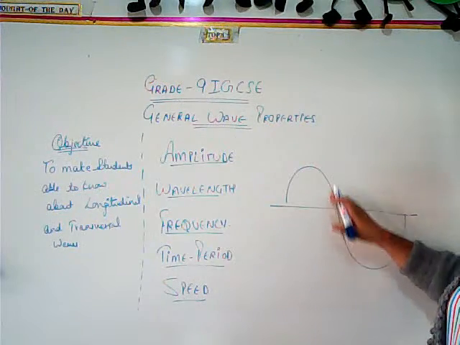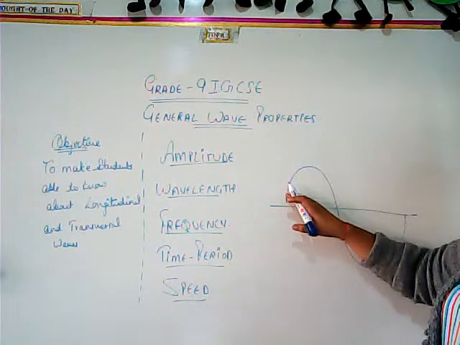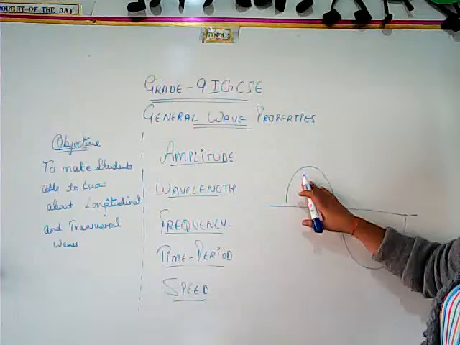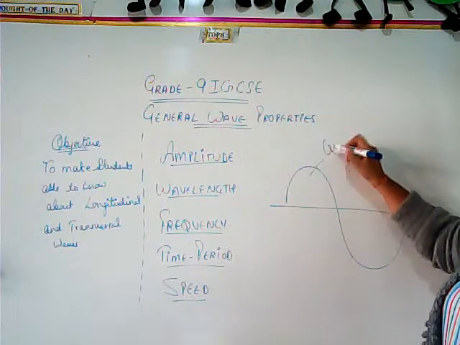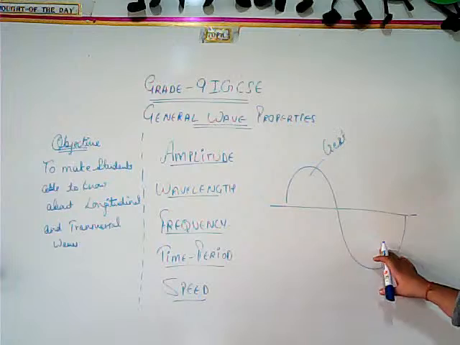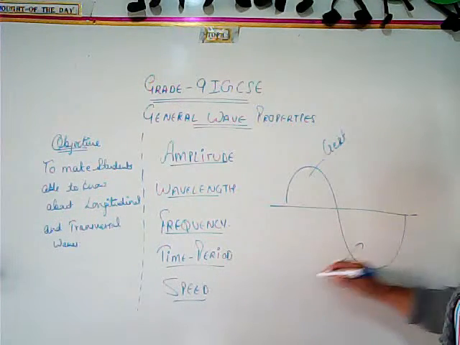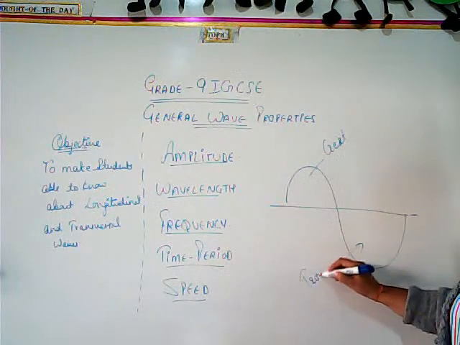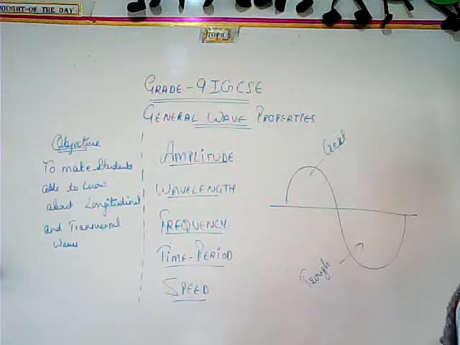The wave portion which is above the principal axis, we call it the crest. This portion is called the crest. And the lower portion of the wave is called the trough. Upper portion of the wave is the crest, the lower portion of the wave is called the trough.